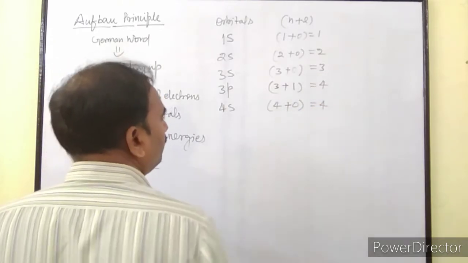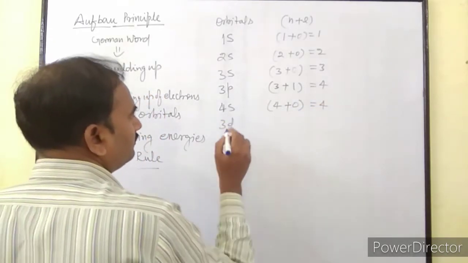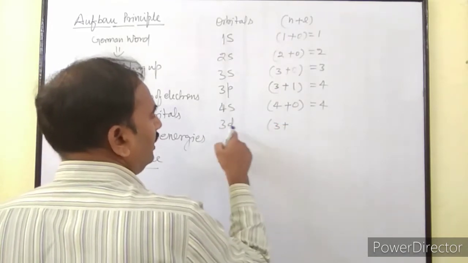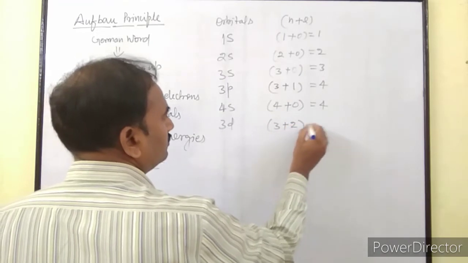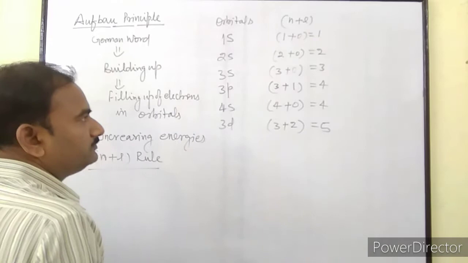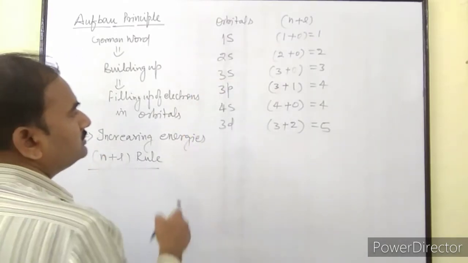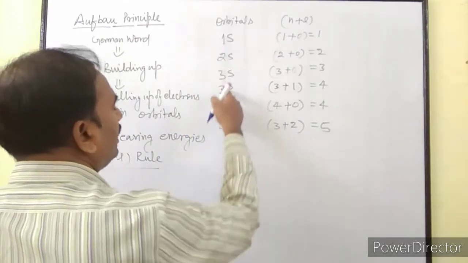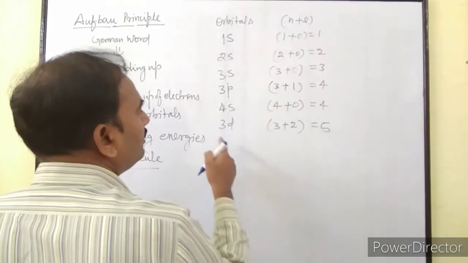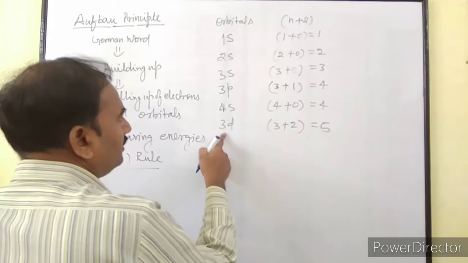This will be 4. 3d, n here will be 3 and L for d is 2. So n plus L will be equal to 5. Like this we can write different orbitals and find n plus L for each orbital.